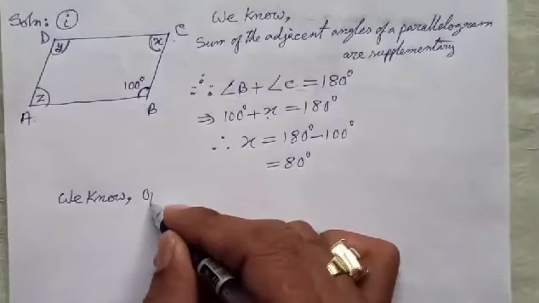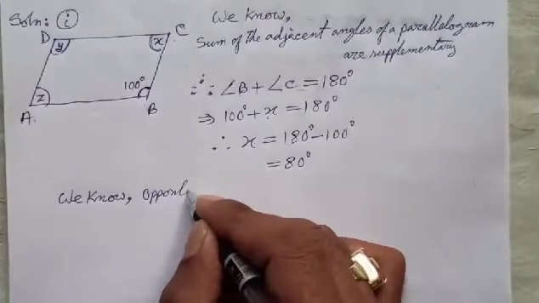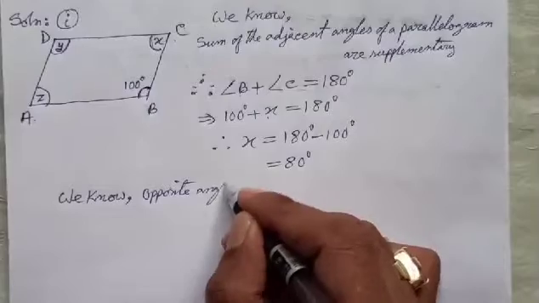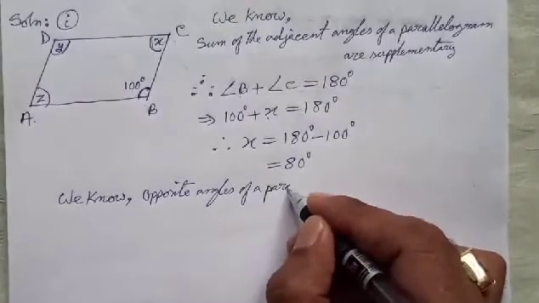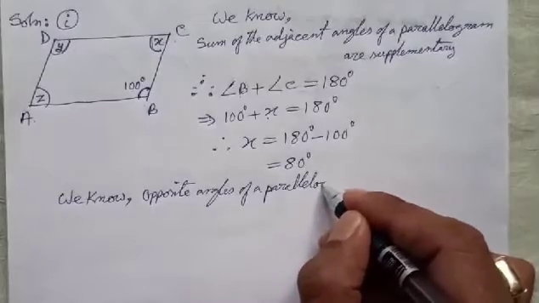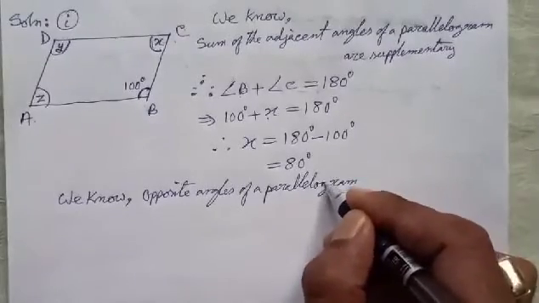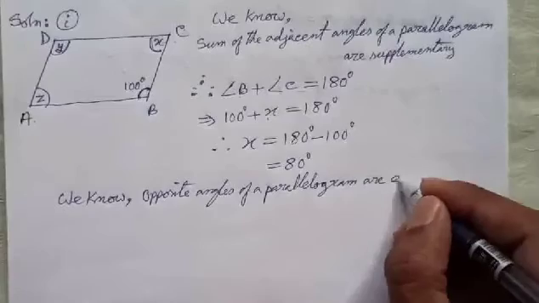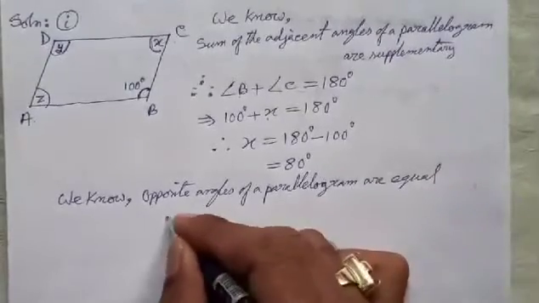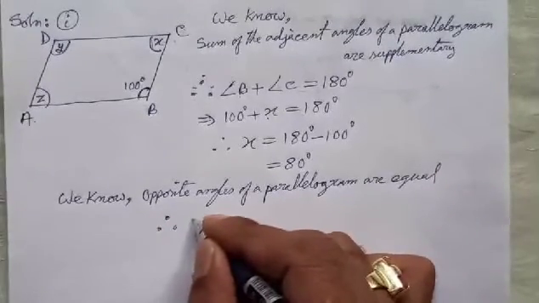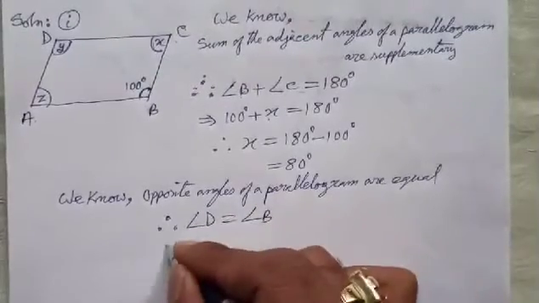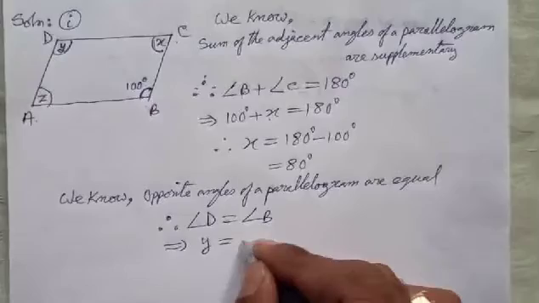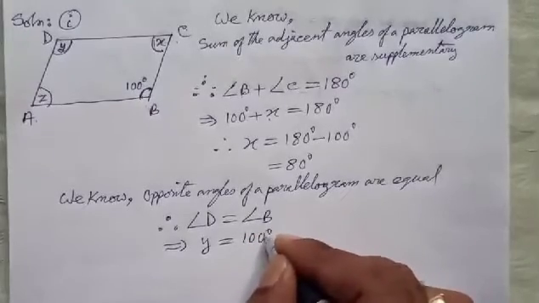We know opposite angles of a parallelogram are equal. Therefore, angle D is equal to angle B. This implies that y is equal to 100 degrees.